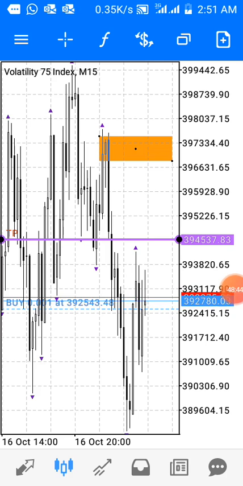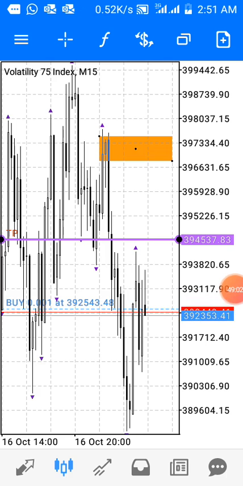So the reason why we are having minimum balance as $300 is to ensure that you have enough room to weather the storm up to the third edge position. Okay, this is a proven strategy. I've backtested it and I've even tried it on live accounts, and it works.